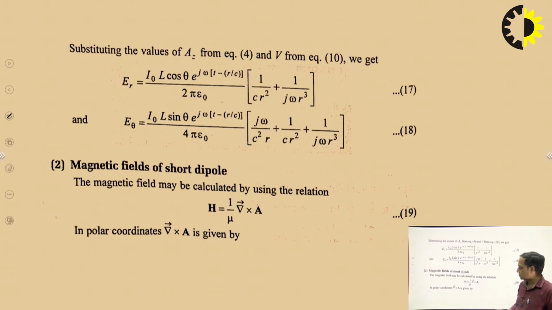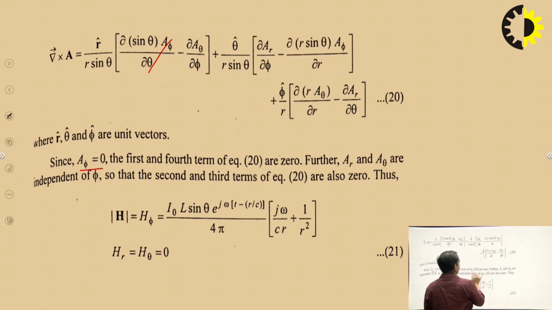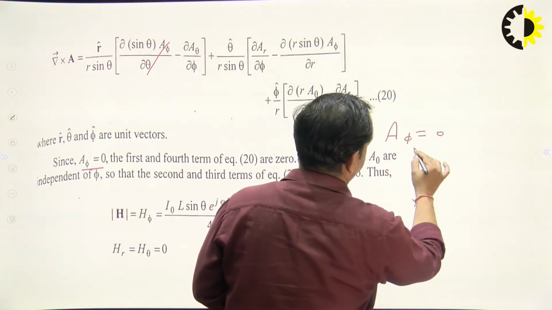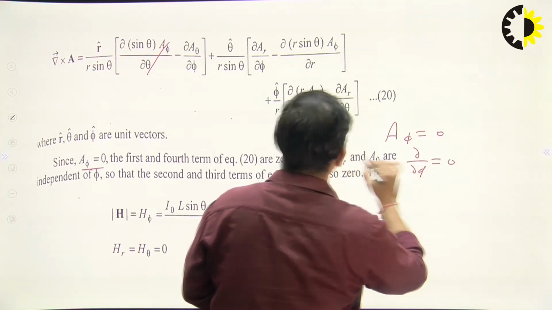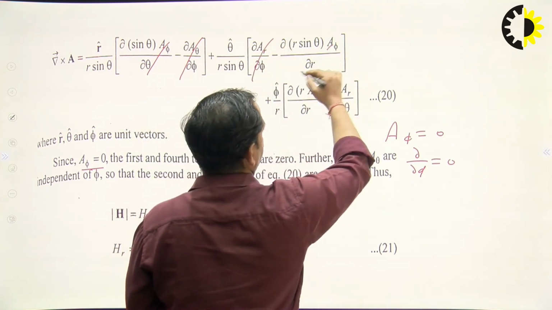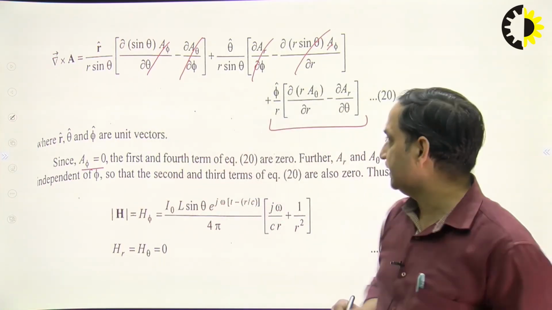Now the second point is the magnetic field of the short dipole, which is simply represented by H. Again put the values of A by defining the spherical coordinate system, del cross of A. We are aware that A phi is 0, so this term is gone. Since A phi is 0 and del upon del phi is also 0, those terms are gone, and only this factor is left, in terms of A r and A theta.